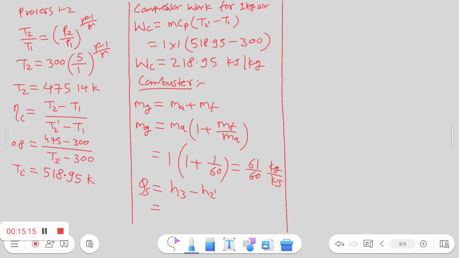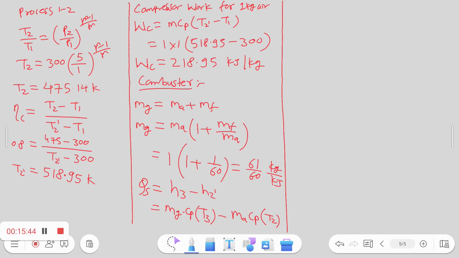After combustion, mass of the gas into Cp into T3, right? Minus H2 dash. At the H2 dash, mass of the air, Cp of the air into T2. Understood this?